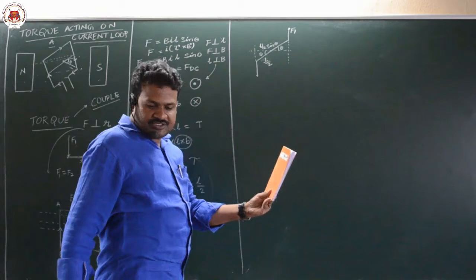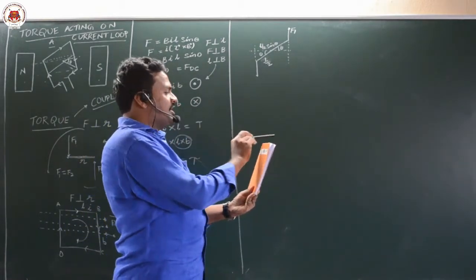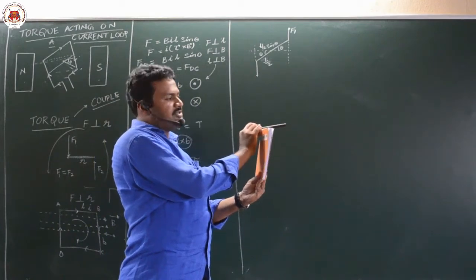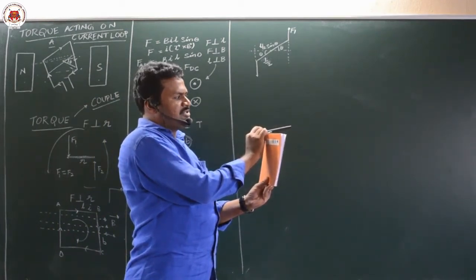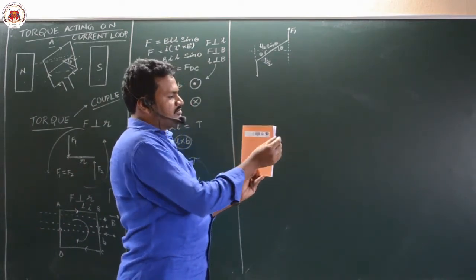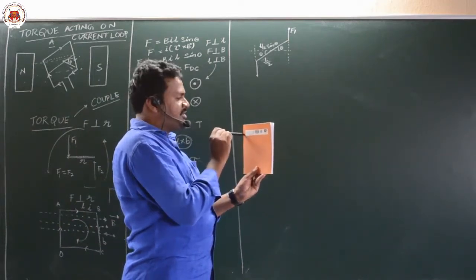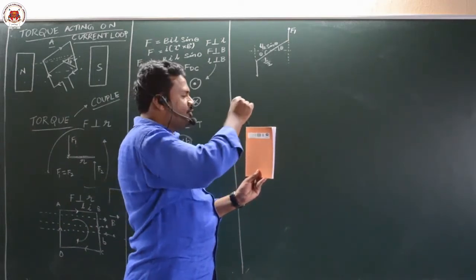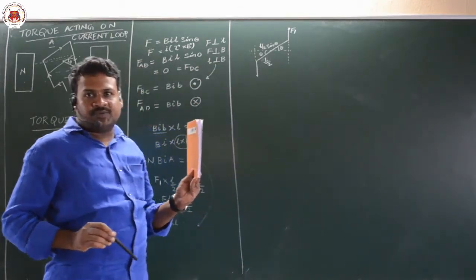That means this is the direction of magnetic field. This is the direction of coil. Now forces will act. One force is out like this, another force is into. This distance is A, but what you have to take is the perpendicular distance. Understand carefully.